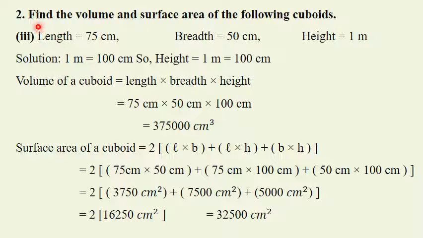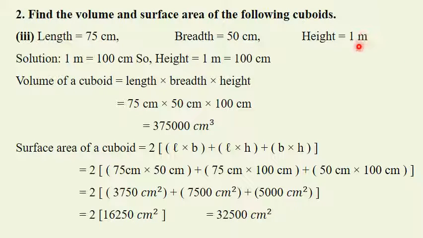Okay, now we are moving to our question number 2. Find the volume and the surface area of the following cuboids. In this question I have selected part number 3, in which the length given to you is 75 centimeter, breadth is 50 centimeter, and the height is 1 meter. We observe that two units are the same, centimeter and centimeter, but the third unit is not the same.